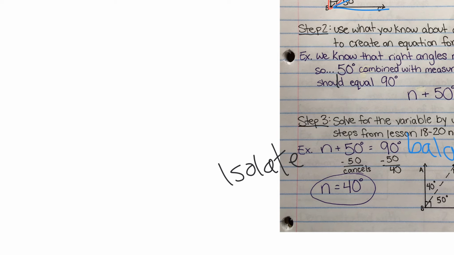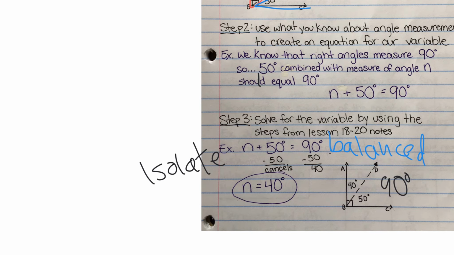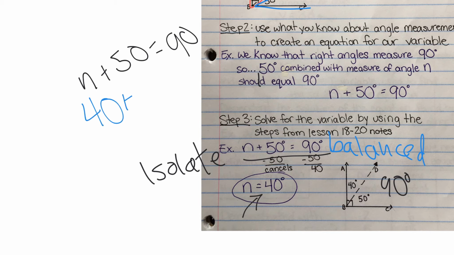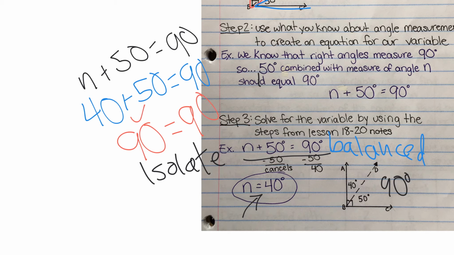Our equation is N plus 50 equals 90. Instead of N, let's use what we discovered, which is 40. So 40 plus 50 equals 90. And yes, 90 equals 90. So we know that we were correct. N does equal 40 degrees.